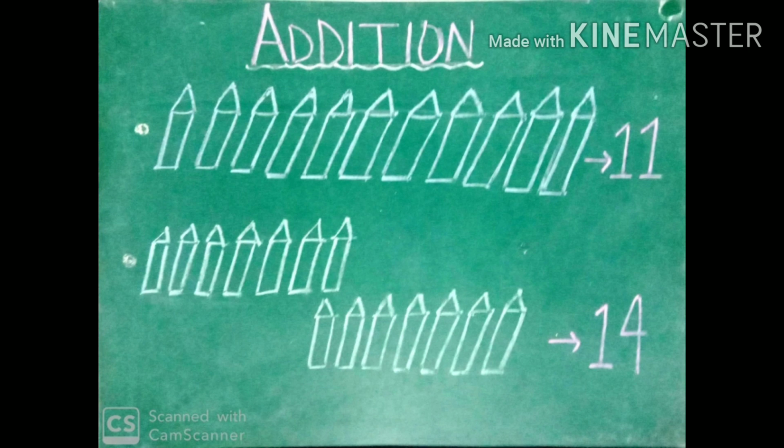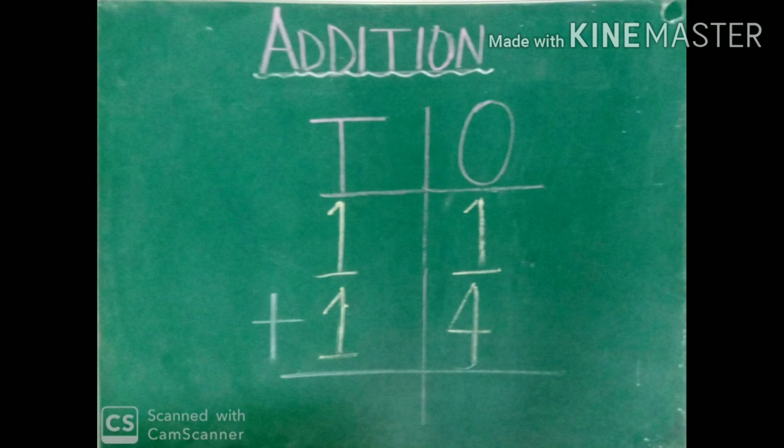Let's find how to do addition. You all know how to do it. Let us add to find the total number of pencils. As we know, for adding two-digit numbers, we should always first add the numbers given in the ones place, then add the tens.